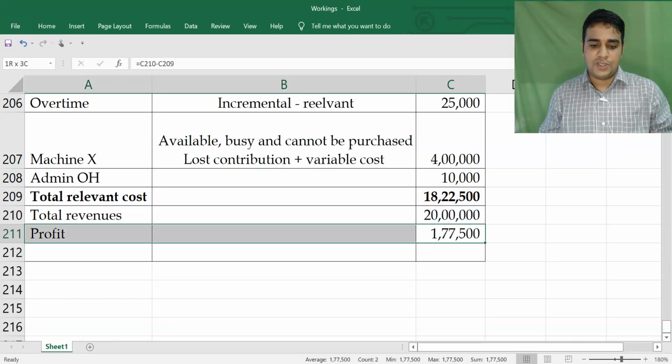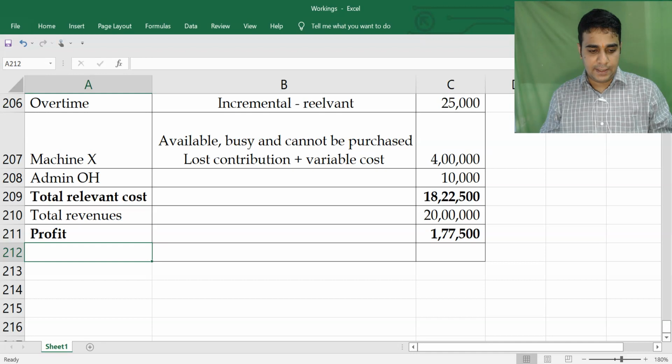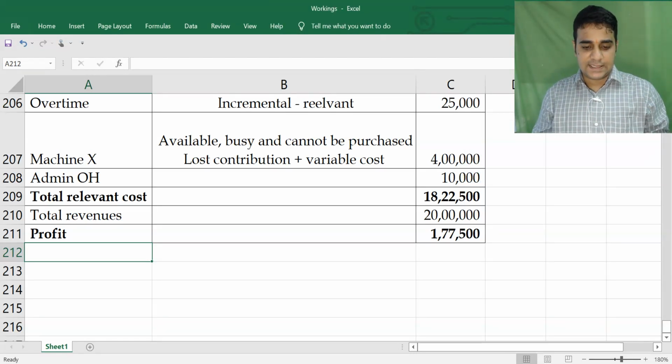So from a financial point of view, go ahead and accept this, because we are making a profit of 1,77,500.